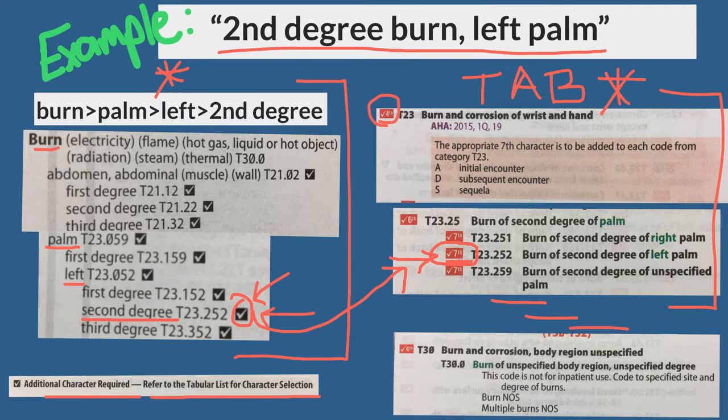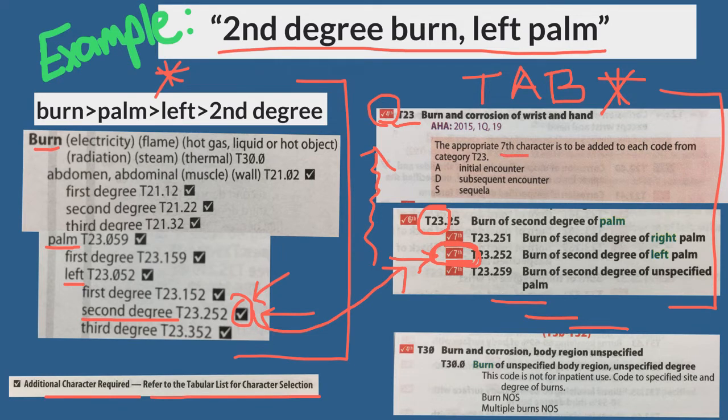But sometimes when we need to pull in a 7th character, often for burns and injuries, we need to make sure we're looking at the entire category. Remember, the category of a CM code is the first 3 characters, T23. When we scroll up in the tabular list and come to category T23, you note this pink box.